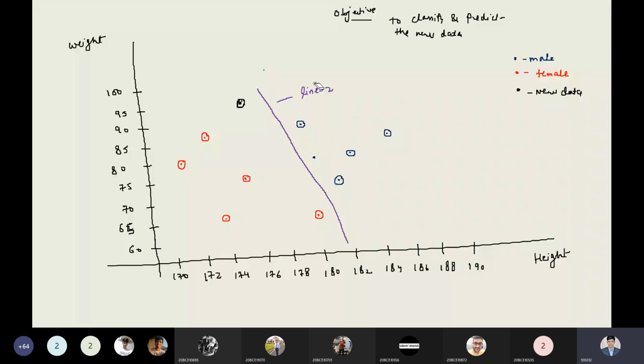First, let me explain line one, to avoid the confusion.